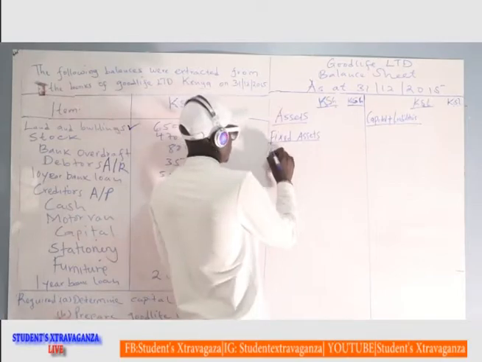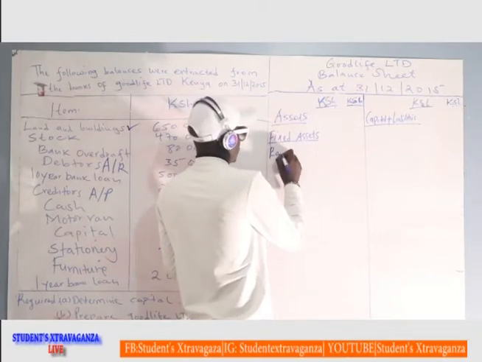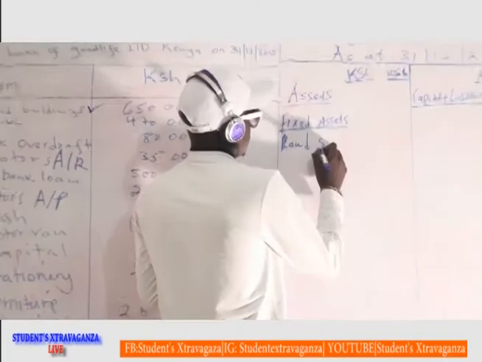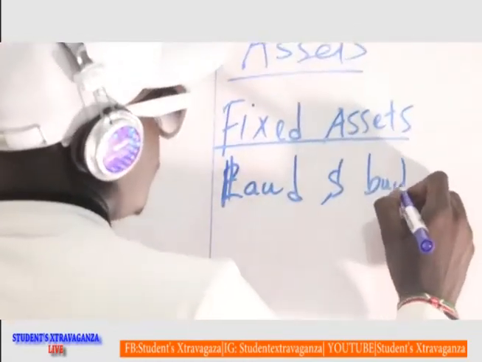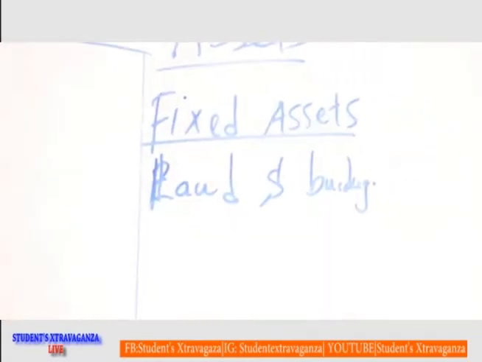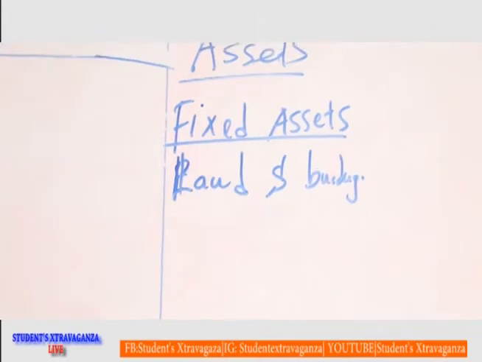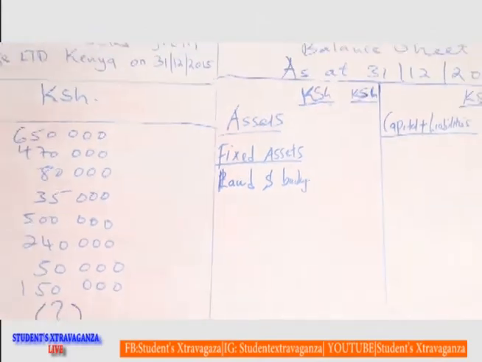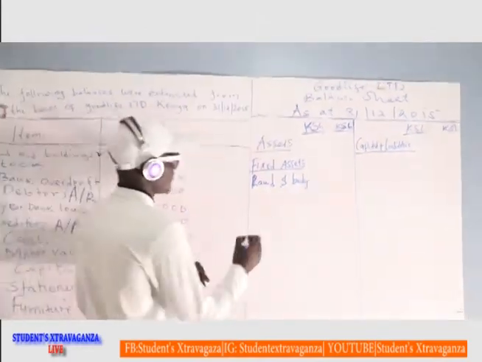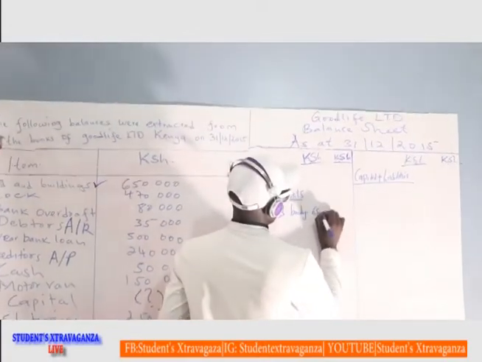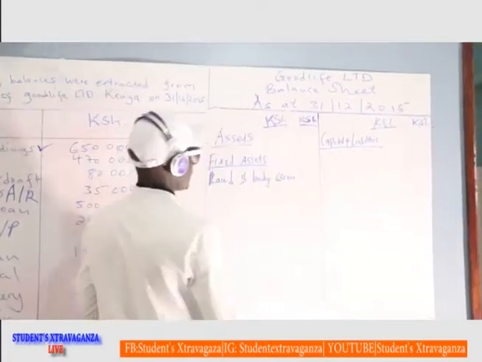That is our first asset. Land and building is 650,000. On the first money column, you indicate 650,000.